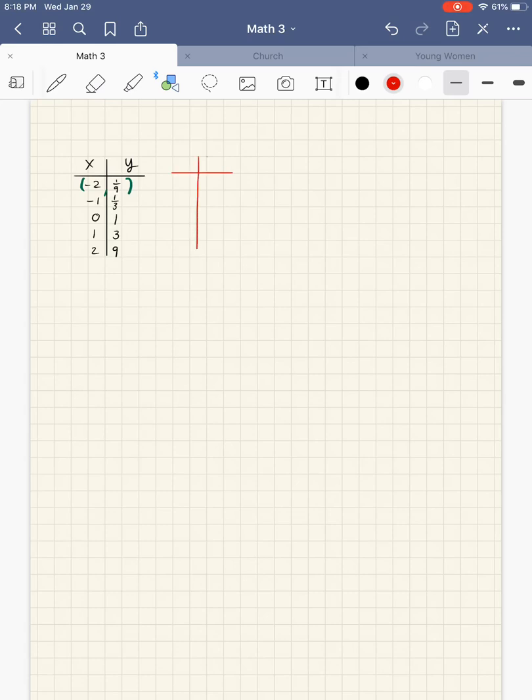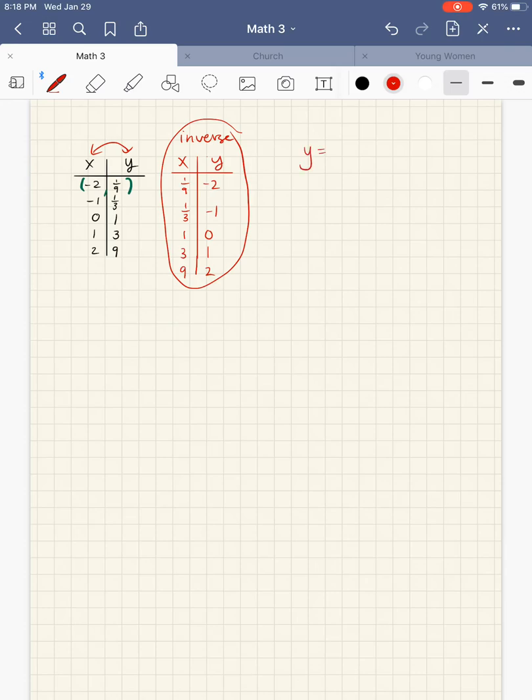So remember, for our inverse graph, what we can do is switch spots with the x and y. So my inverse function table is going to be my input is 1/9, my output's -2. My input's 1/3, my output's -1. My input's 1, my output's 0, and my input's 3, my output's 1, and 9, 2. So these are the points that go with this logarithm graph.